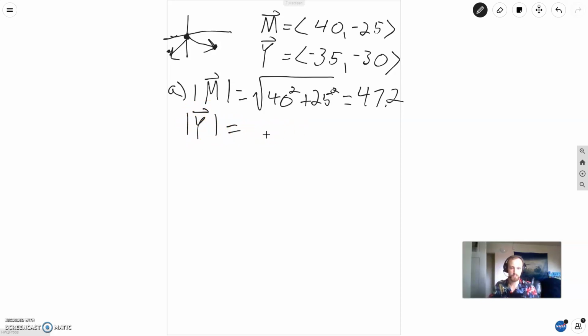Magnitude of y equals the square root of 35 squared plus 30 squared. That's going to be 46.1. 47.2 is, of course, greater than 46.1, so I live farther from the post office. My vector arrow, which points from the post office to where I live, was longer.